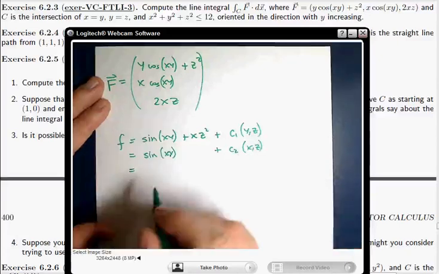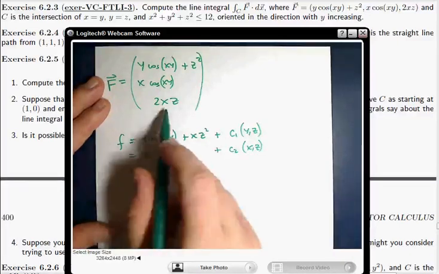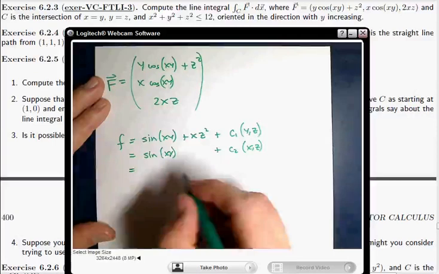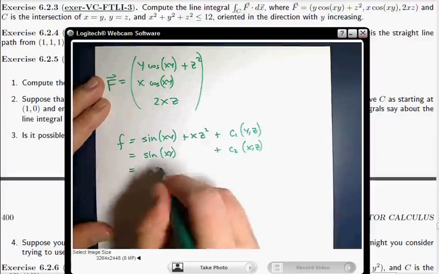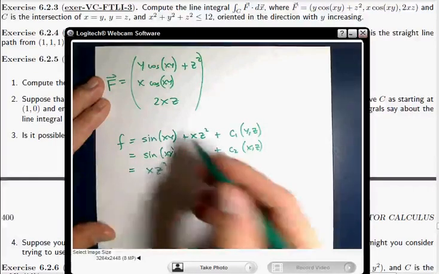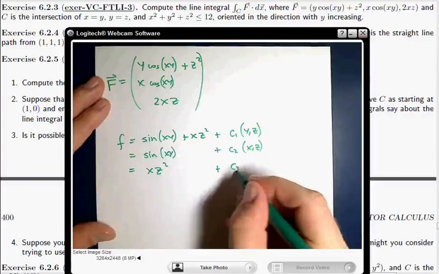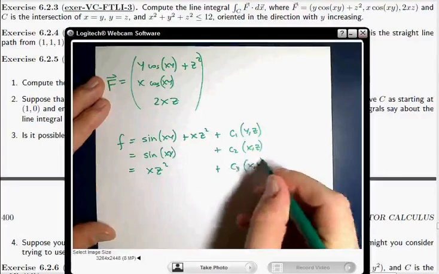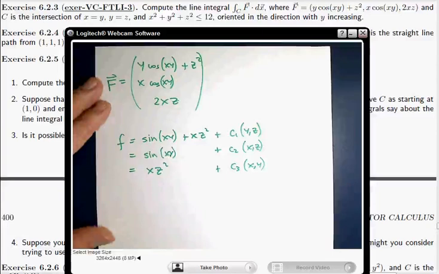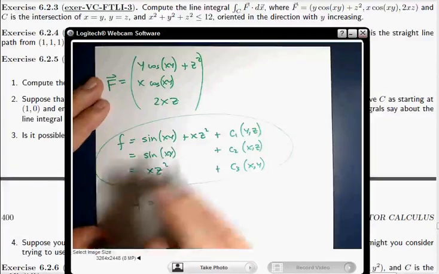And then here, the z antipartial of that is xz squared. Cool, right? Lucky break. Plus an unknown function of x and y. And now, is there a function that satisfies all three of these equations? And I claim that, yeah, sure there is. You can mix and match and see what goes where.